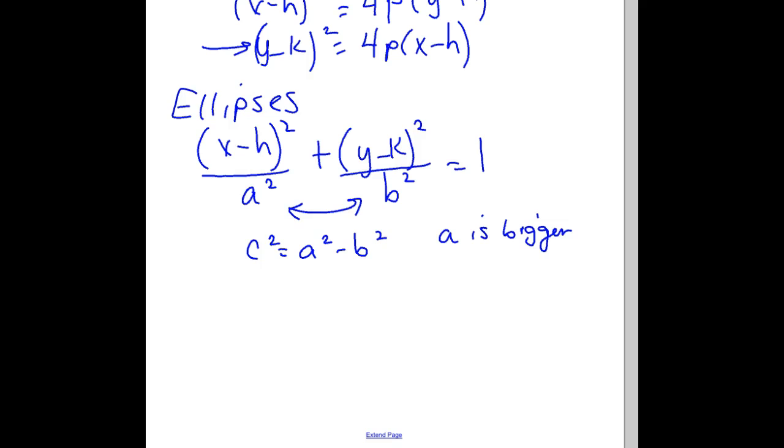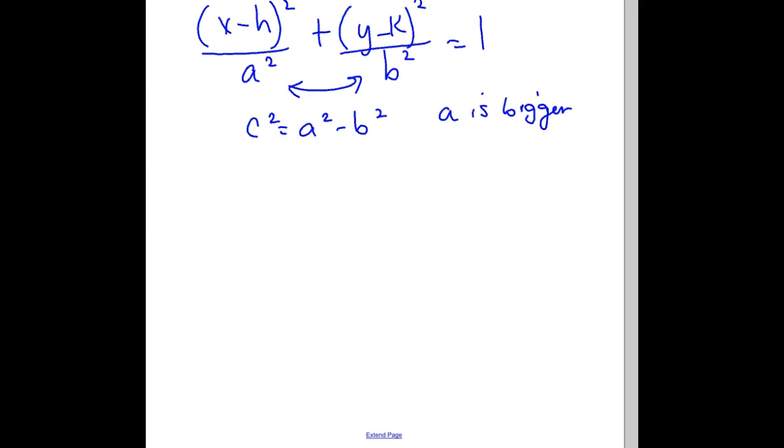Center to foci. Okay? So if you know a, b, and c, you should be able to graph it. When I say what are the key features for an ellipse, you're going to say I need vertices, covertices, foci, center. And in order to find all those points, I'd have to know a, b, and c. Right? Okay. Then we have our last one, the hyperbola.